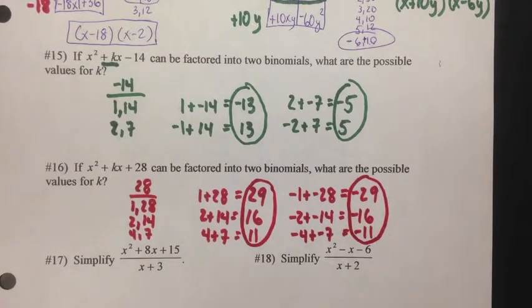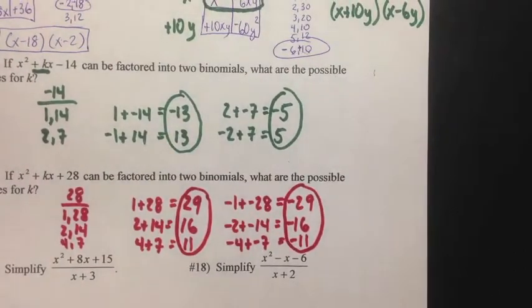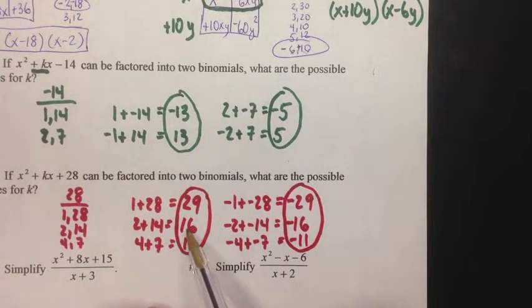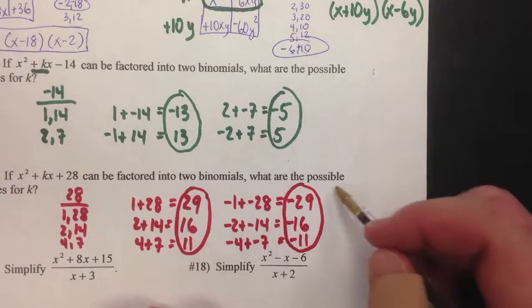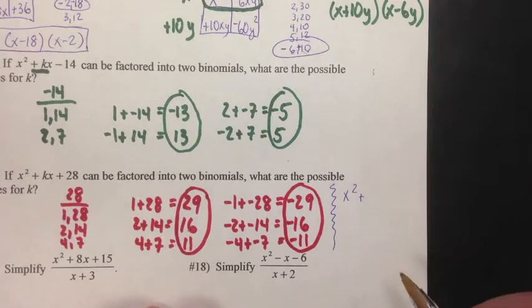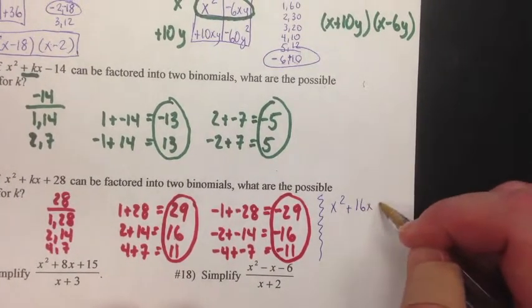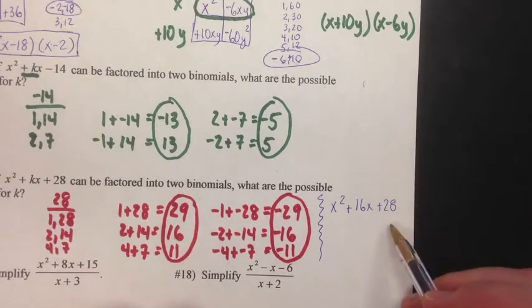And if you don't believe me, if this is not making sense, let's say the answer was 16. So on the side here, we would have x squared plus the k value, 16x plus 28. And you would be factoring this.